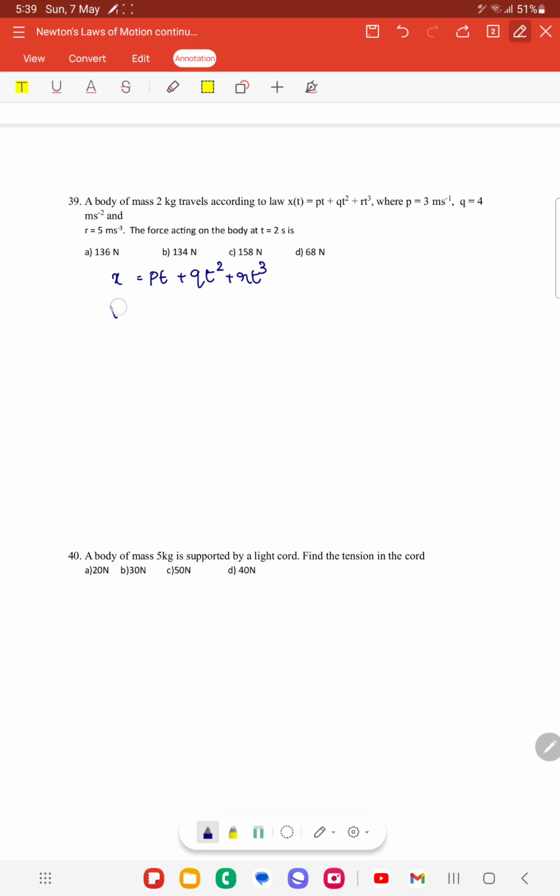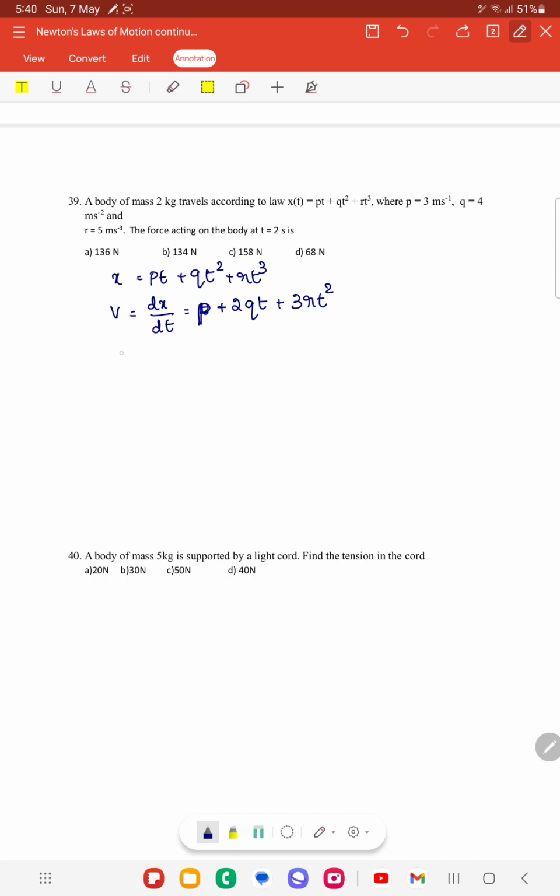We can find velocity v as dx by dt. Therefore, when you differentiate this equation, we have p plus 2q into t plus 3rt square. Differentiation of t is 1, so this is p.